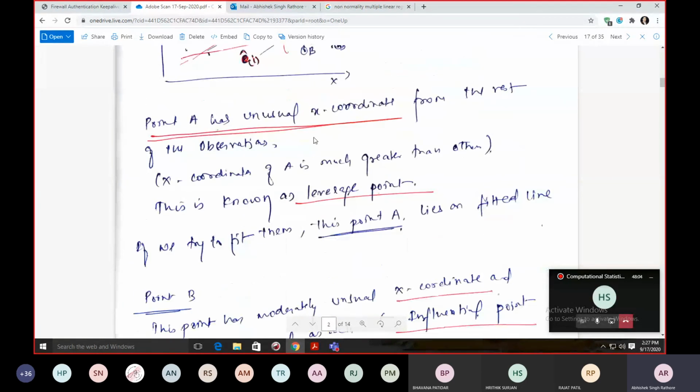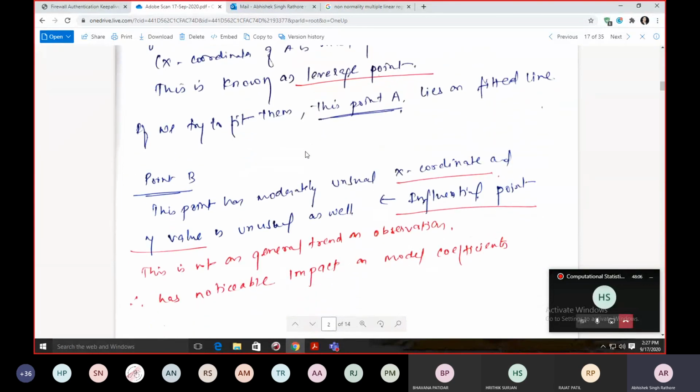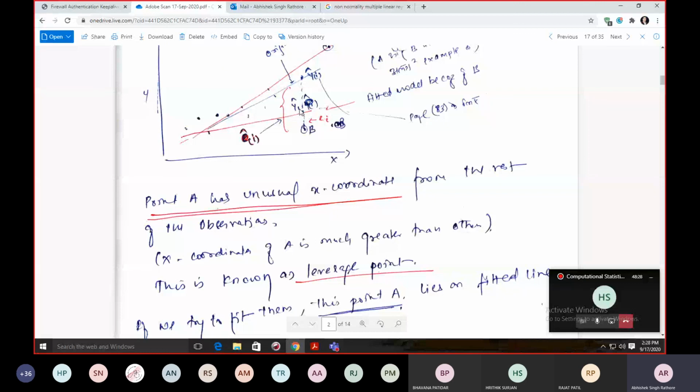And this B has a moderately unusual x coordinate, and the y value is unusual. So with a moderately unusual x point and unusual y value, we can say that this is my influential point. This influential point doesn't lie on your particular line.